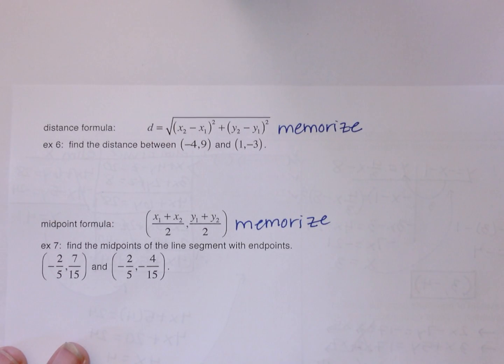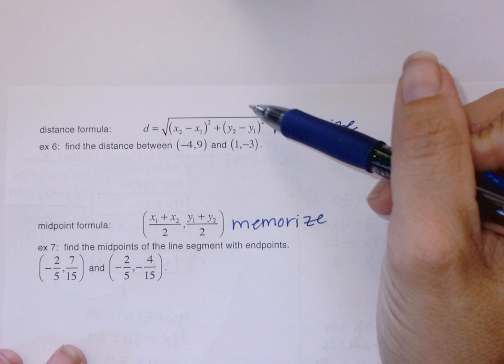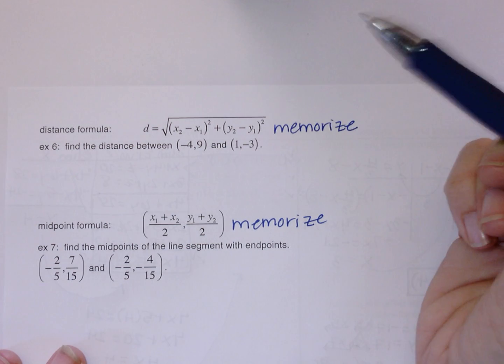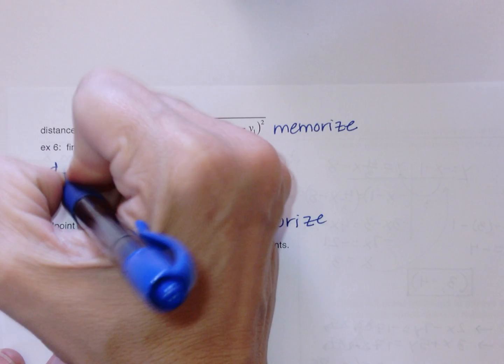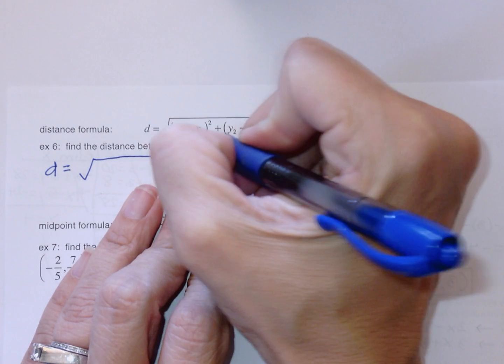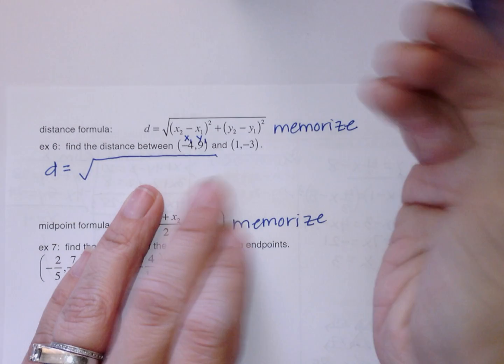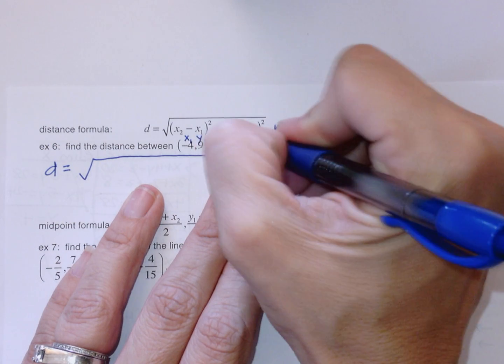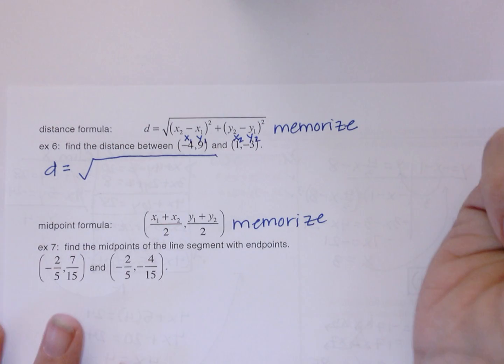So for this one, to find the distance between the 2 points, you really just have to know the formula to plug it in. I would call this one x1, y1 because it's the first point, and I call this x2, y2 because it's the second point.